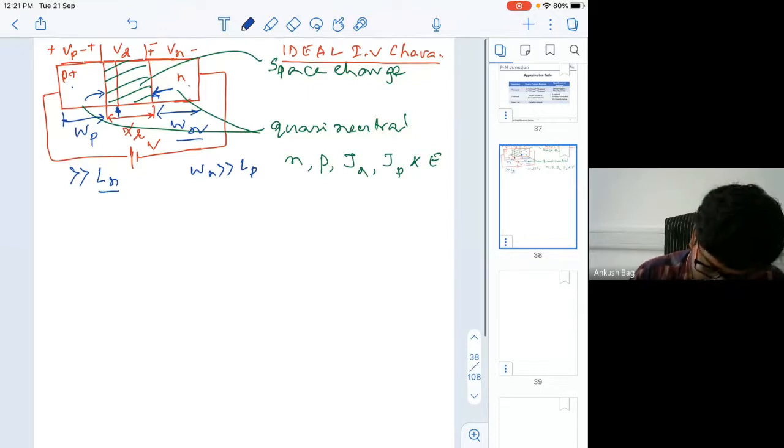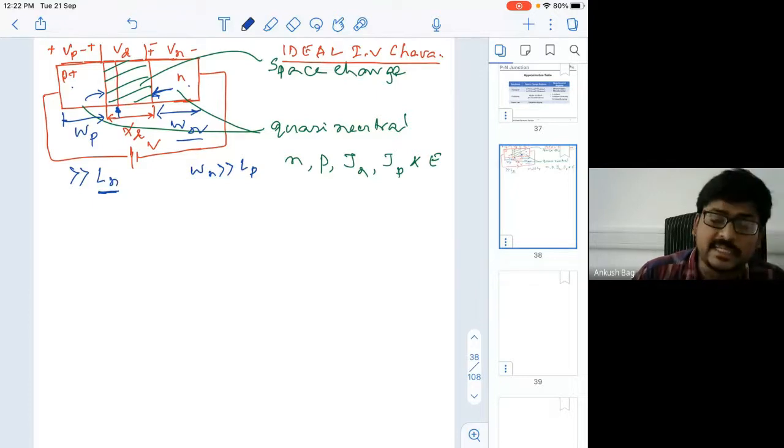Just for this time, briefly I can tell you that under the forward bias condition, what will happen? You know that the holes will be injected towards N side and the electrons will be injected towards P side. So after injection of your electrons in this P region, we need to consider the diffusion length, because essentially all this transport is the diffusion of carriers.